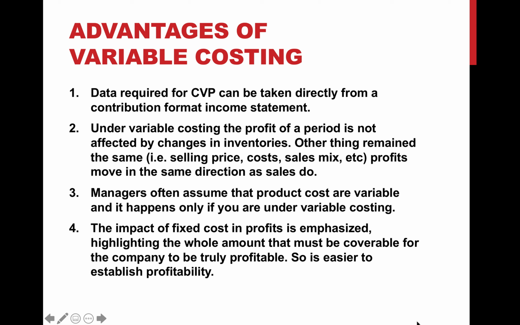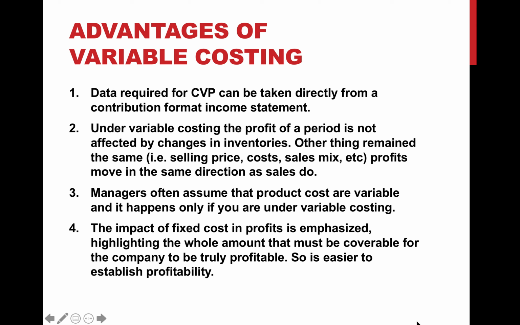Remember, you haven't subtracted the fixed expenses yet, so in order to avoid assuming that, we want to work on variable costing. Another thing is that the impact of fixed cost on profits is emphasized, highlighting the whole amount that must be covered for the company to be truly profitable. So it's easier to establish profitability.